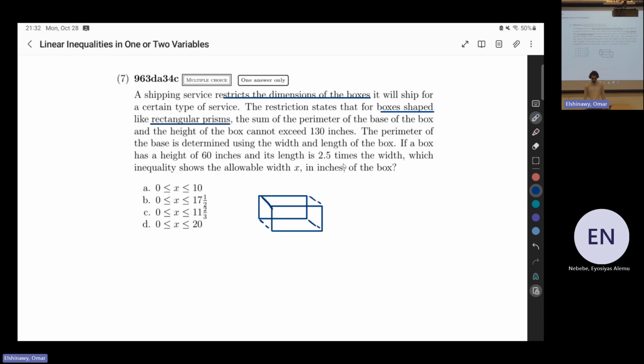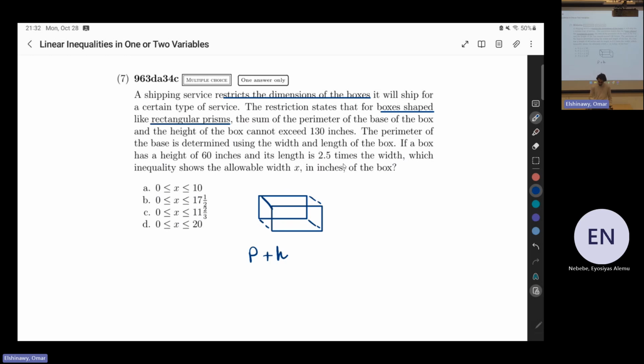So the sum of the perimeter of the base of the box, let's call it P, and the height of the box, let's call it H. By the way, it's a really good practice to name your variables according to the objects that you're using. It's very useful. It helps you make progress faster with the problem.